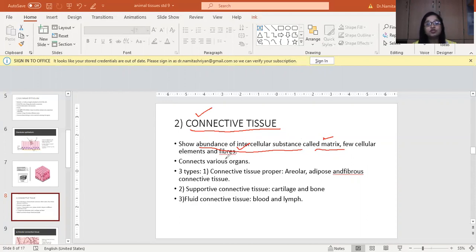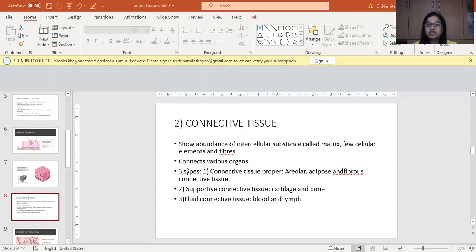But whenever we have to show a connective tissue, you have to remember presence of a matrix, that is a lot of intercellular substance between the two cells. The cellular elements will be few, and you will get to see more of fibers within. That is connective tissue. Now, function is it connects various organs. So it is a connective tissue, so definitely it is going to connect the various organs.